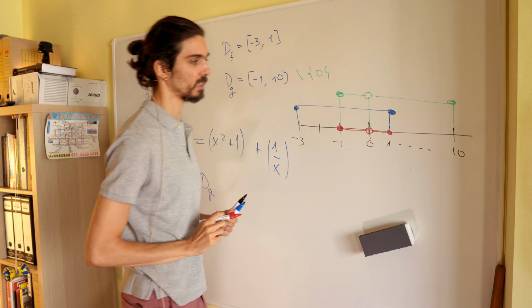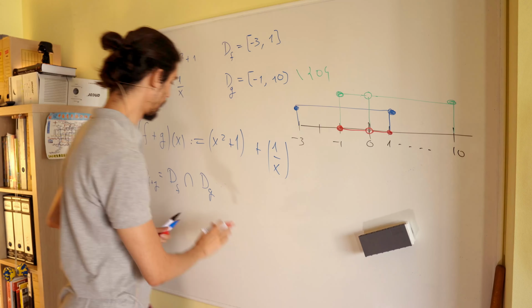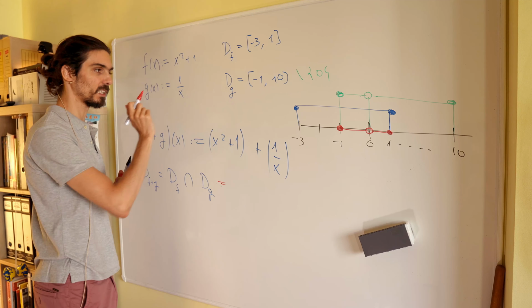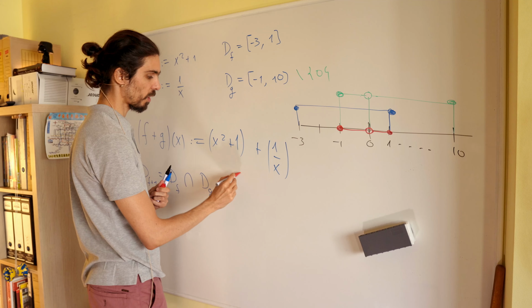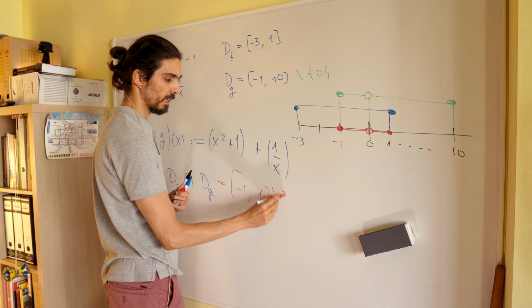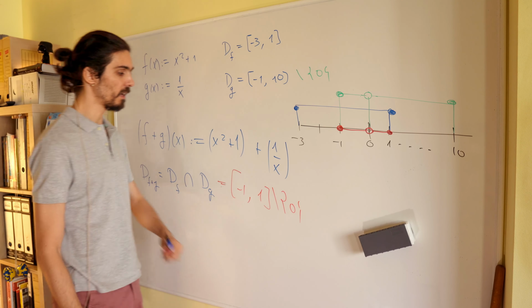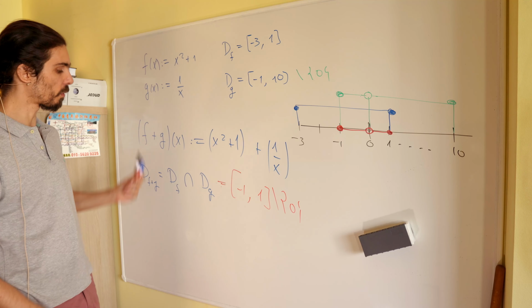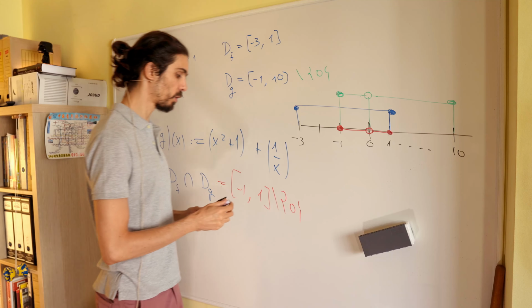As a result, the intersection of these two domains goes from -1 up to 1 except 0, and this is the domain of our new function.